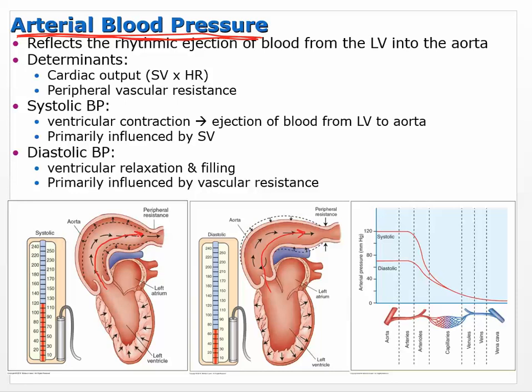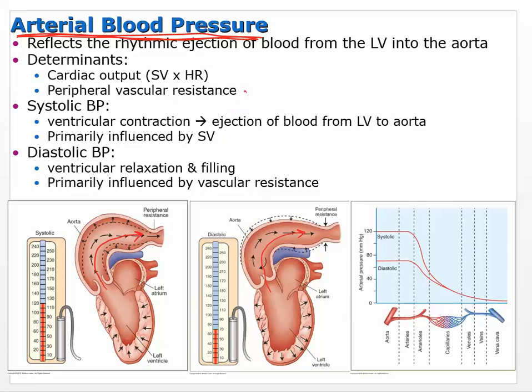And so it moves into the aorta and it pushes out on the aorta. The determinants: cardiac output. We've already defined this in a different set of slides. Stroke volume, which is how much the left ventricle squeezes out, times heart rate. We know what heart rate is. Okay, so how much blood are we actually producing? And so yeah, that's going to have an effect on blood pressure, obviously.